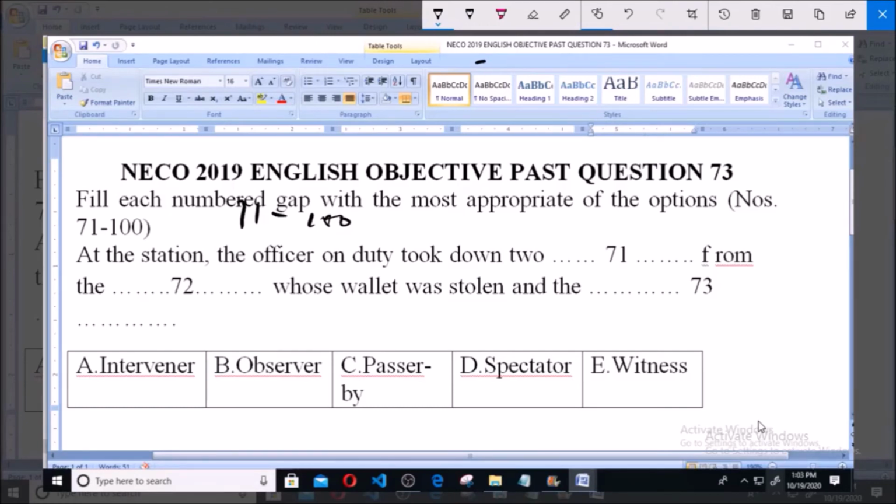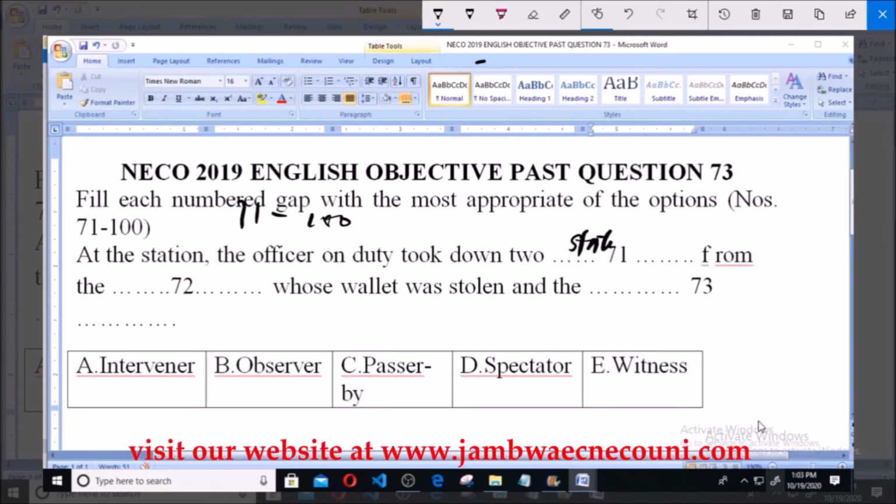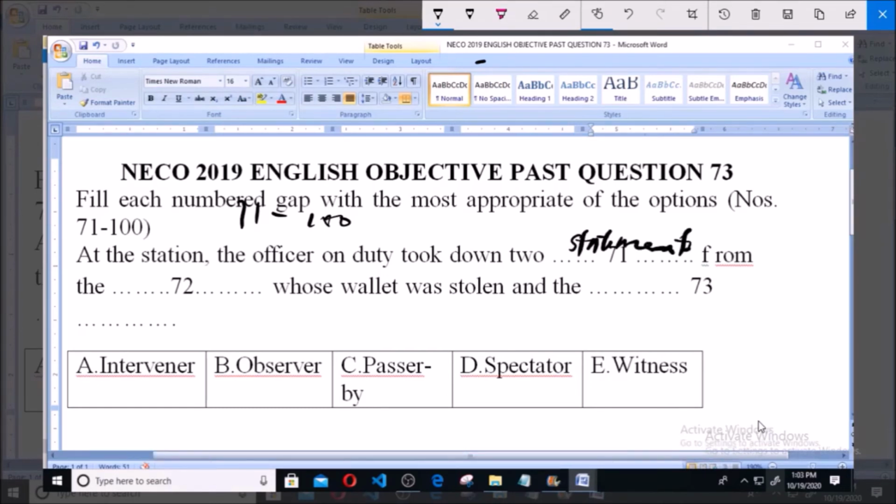two statements, as we have answered in question number 71, from the complainant, as we have answered in question number 72, whose wallet was stolen and the dash.